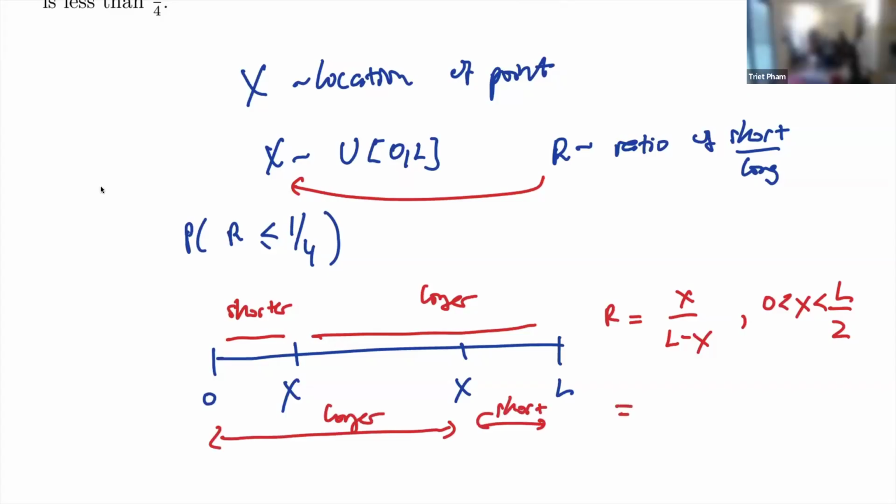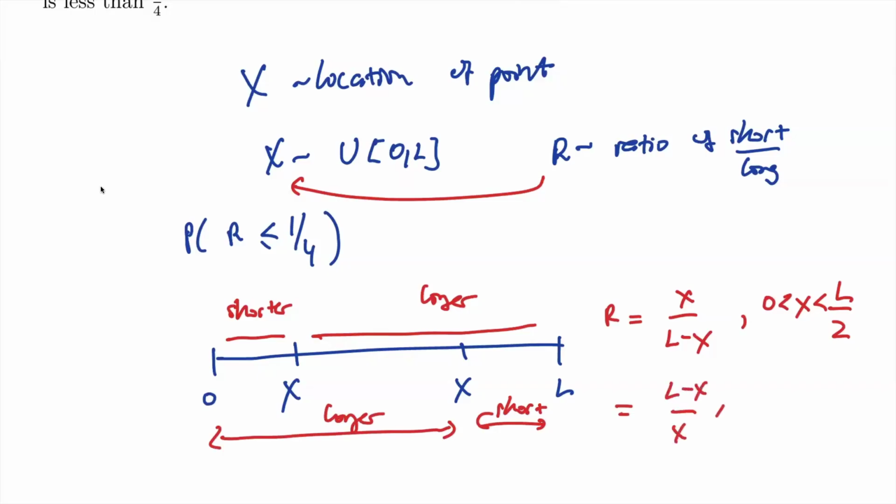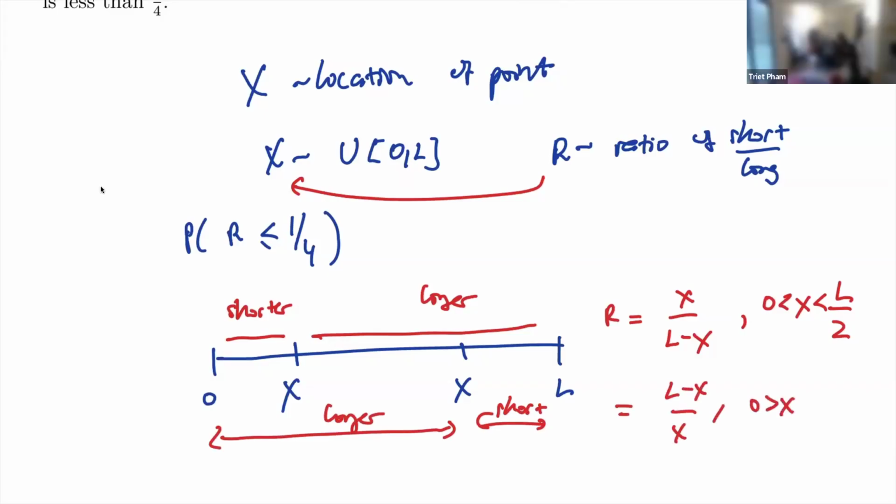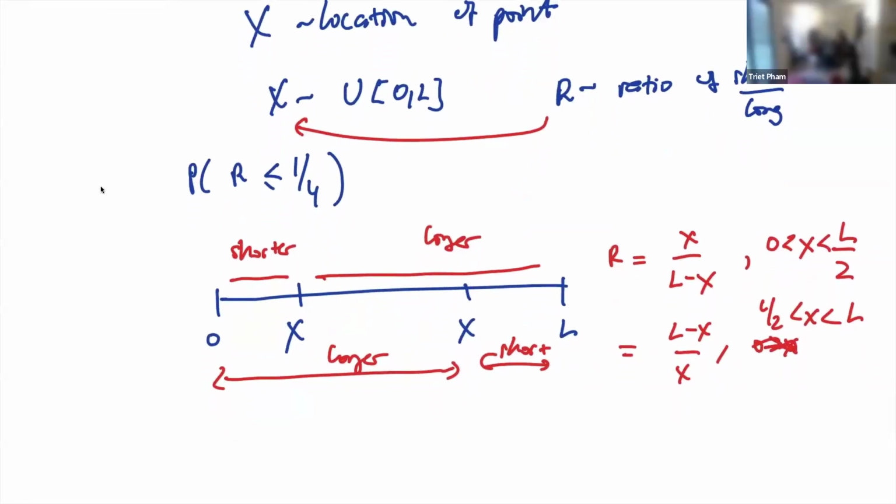So R is going to be the reciprocal of that, L minus X over X. Yeah, right. So L over 2 less than X less than L, correct?